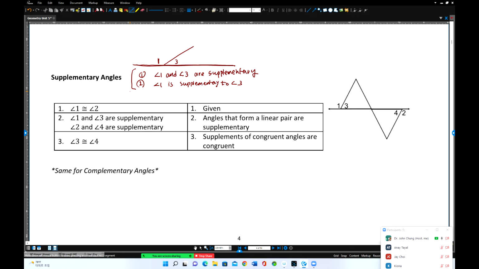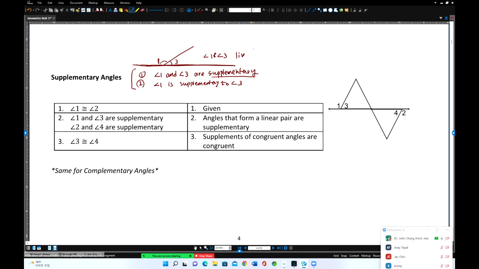Is it okay? Why are they supplementary? Because these two angles stand on a linear line. That's why angle 1 and angle 3 are a linear pair.